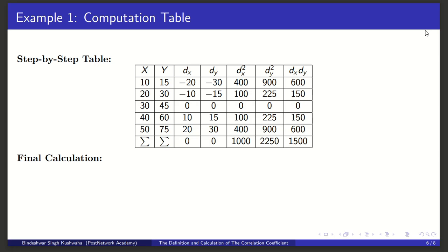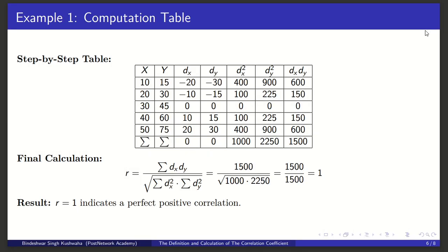If you subtract 30 from x, you will get dx, and 45 from y, you will get dy. And dx square, just square it, similarly dy square, and if you multiply dx and dy you will get dx dy. Plug all these values in this formula, and finally you will get 1, and it indicates a perfect positive correlation.